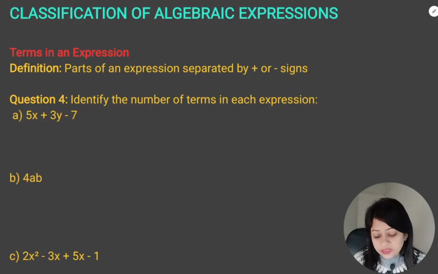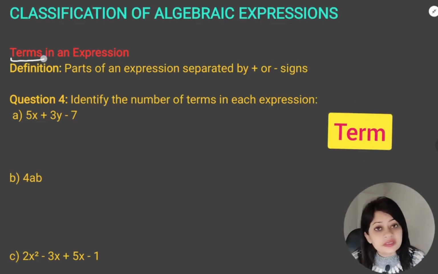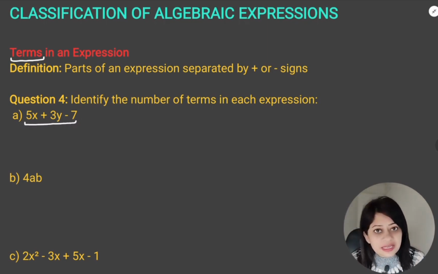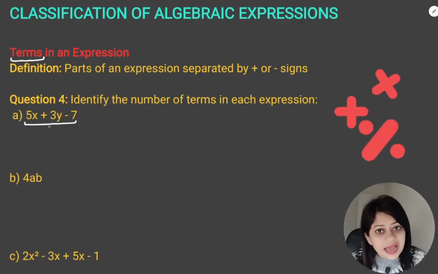First thing we have is terms. What is a term? Suppose I write an algebraic expression, 5x plus 3y minus 7. This is an algebraic expression because in here you are combining constants, variables and operations.